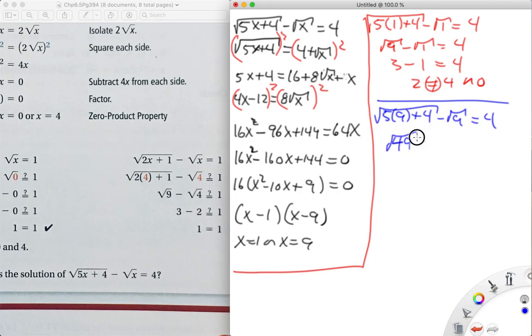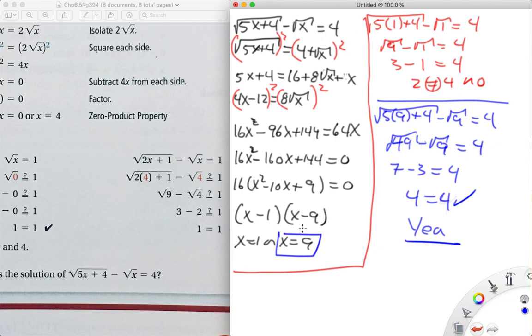Minus the square root of 9. That should equal 4. 7 minus 3 should equal 4. 4 equals 4. So this is a check and a yay. So x equals 9.